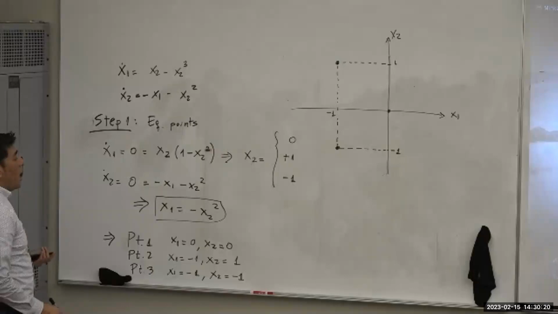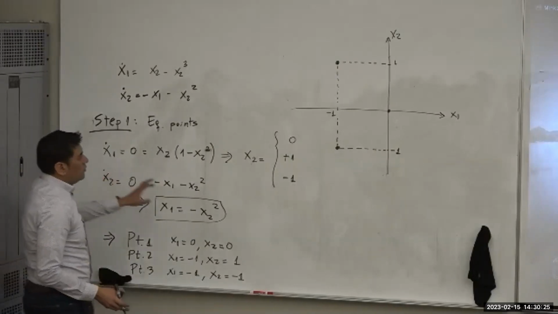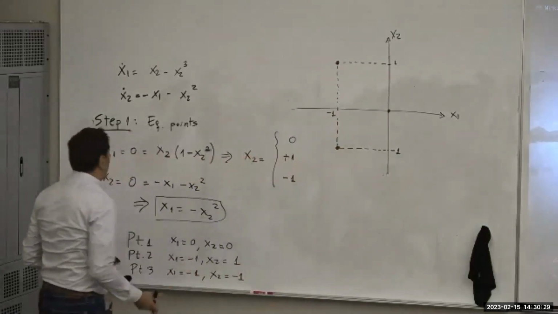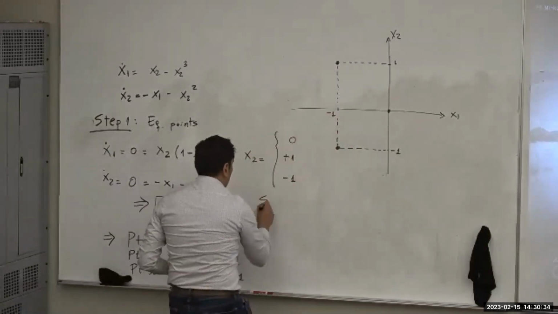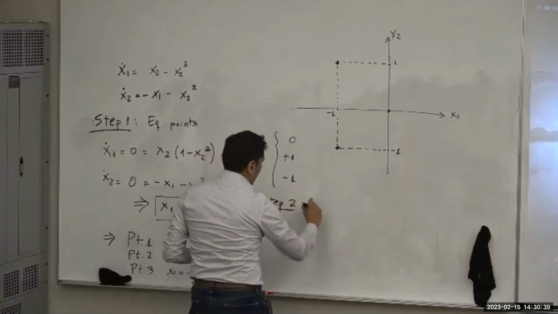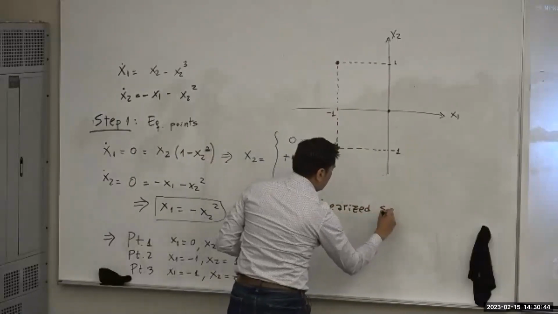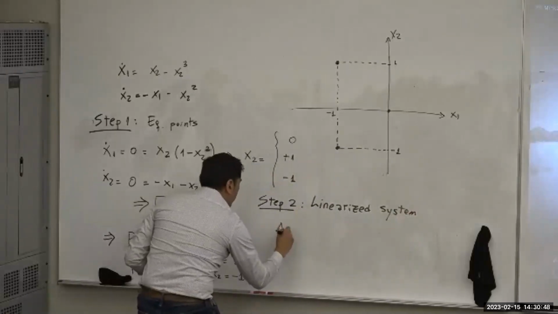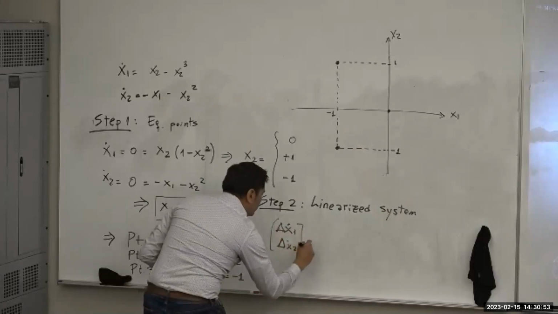So what we need to do now, the second step, is to study the behavior of the system when we're close to those 3 equilibrium points. Before doing that, as step 2, we need to obtain the linearized system. So basically, we're going to deal with a linearized model.